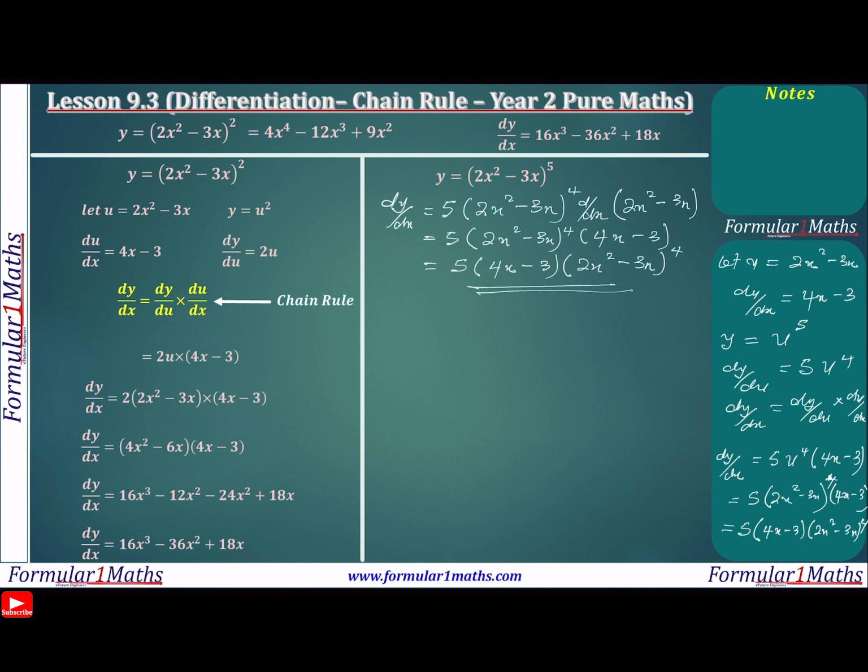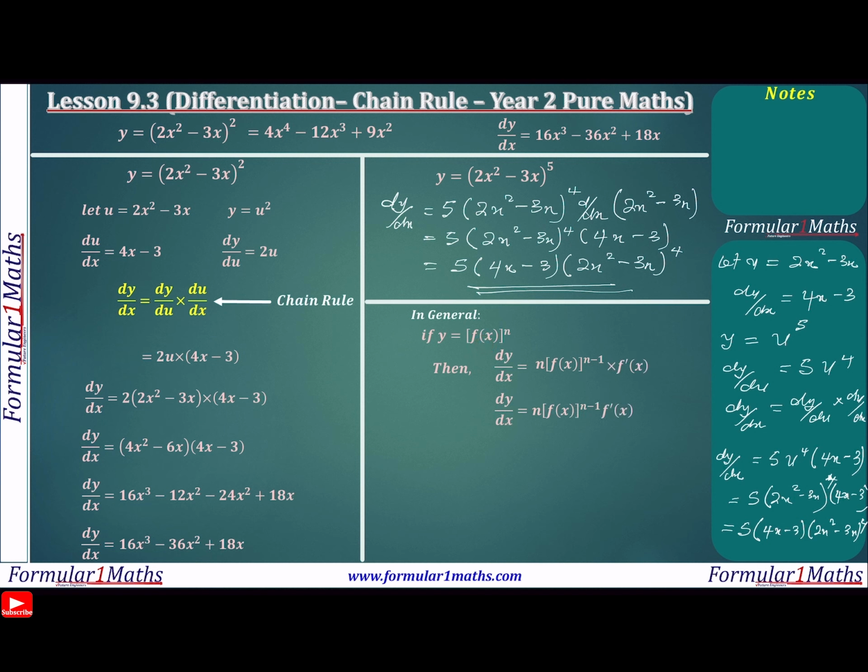So it's advisable to learn how to do it this way, because sometimes you have to do the chain rule twice within one question. We'll see some examples soon. So in general, if y is equal to this function raised to the power n, then dy dx will be n times the function, reduce the power n by 1 to get the following, and then differentiate the function inside the brackets to get this.